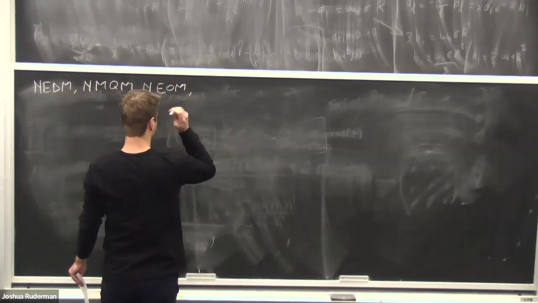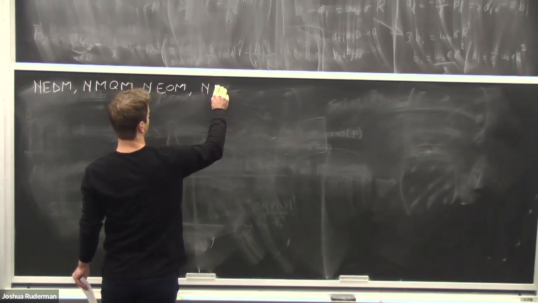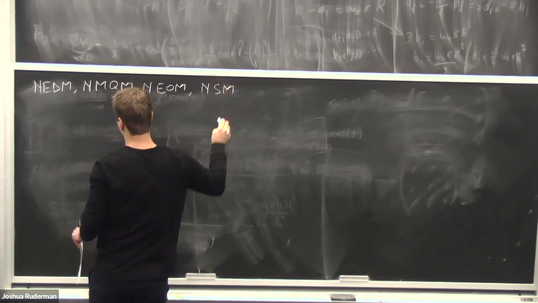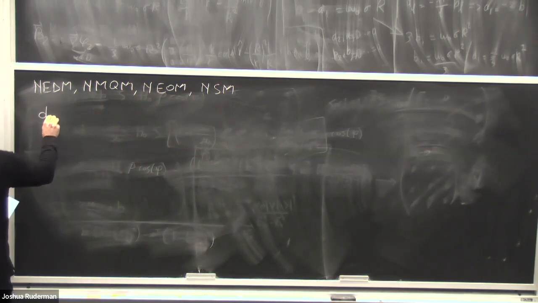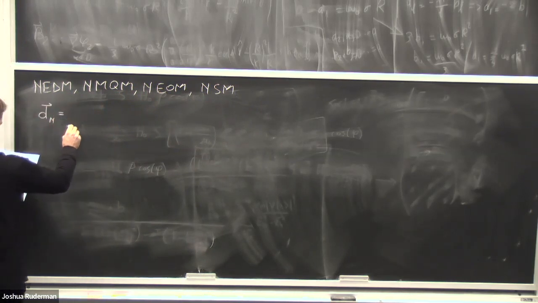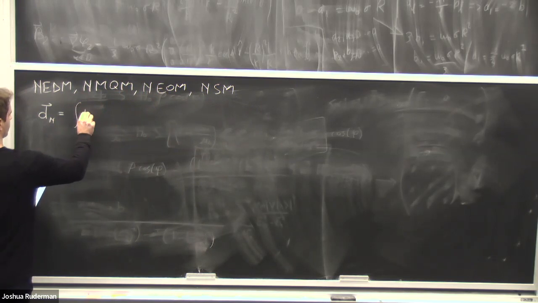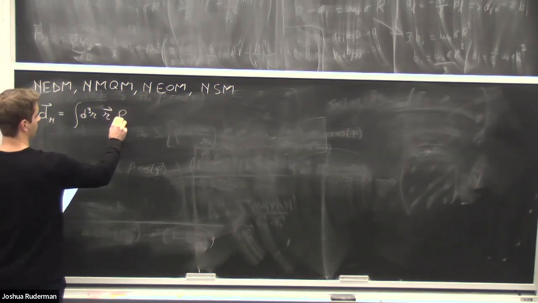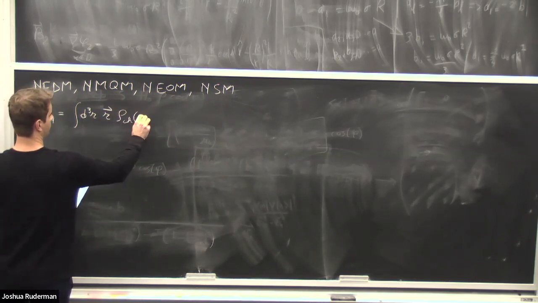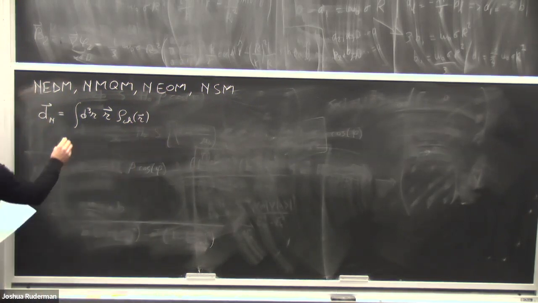The one I'll be using today and in the work is a nuclear shift moment. The electric dipole moment of a nucleus you can write as the integral over the nucleus of the radius times the charge density. Okay, so that's the electric dipole moment.